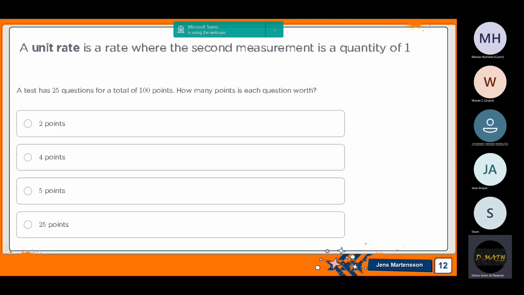So if I rewrite it now, 100 points for 25 questions.